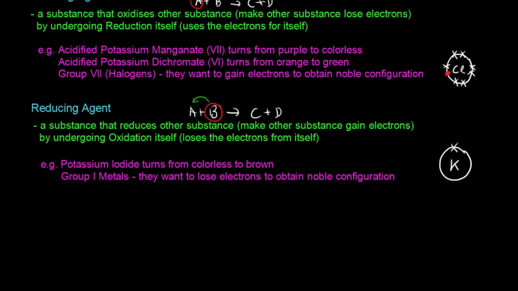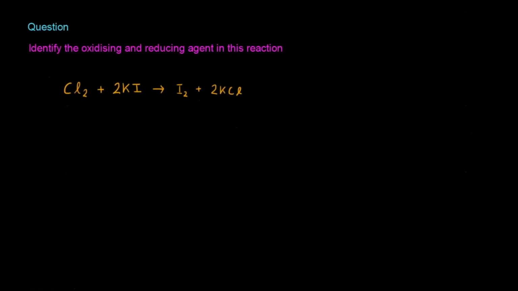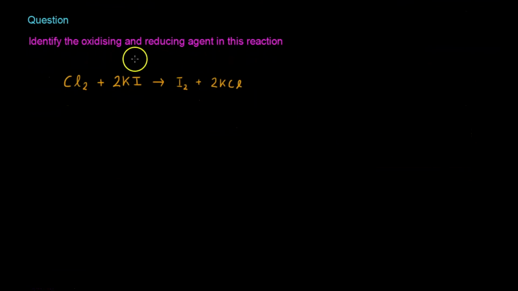So with all this in mind, let me do a question for you. Basically, we know that it's a redox reaction because it's in this chapter, but we want to identify the oxidizing and reducing agent in this reaction. First of all, my first step is always to write down the charges for each substance. Cl2, I know its element is always 0, same as I2. There's no doubt about it. If you see an element, just put it as 0.